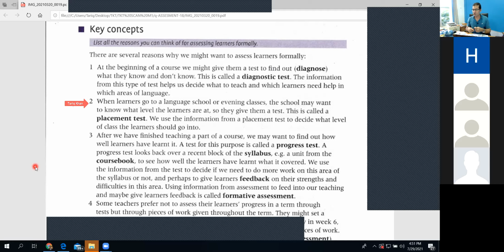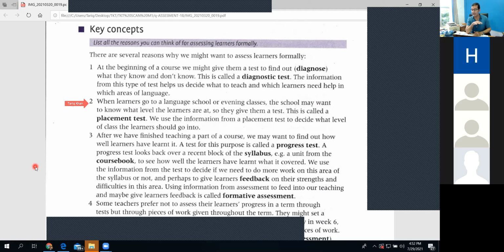Or they are offering a course for business students, or for medical students, or for university entrance. So these are particular courses dealing with one part of the language, not the whole language. So that's why we call it a placement test. You need to be placed at a particular level for that course.